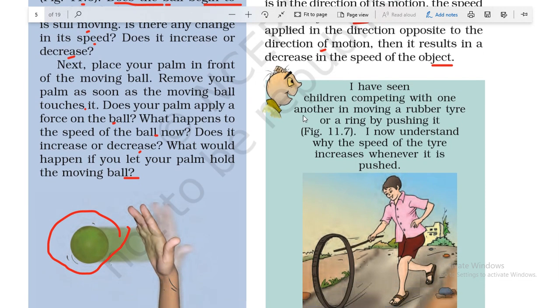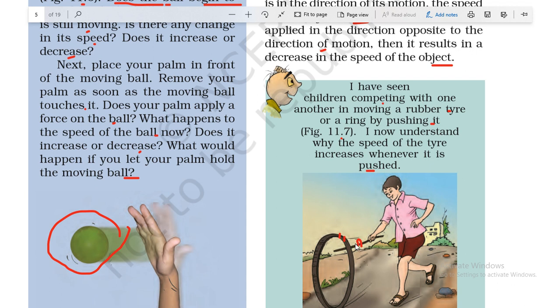I have seen children competing with one another in moving a rubber tire or a ring by pushing it. I now understand why the speed of the tire increases whenever it is pushed. So when it is pushed with this stick, its speed is continuously increasing.